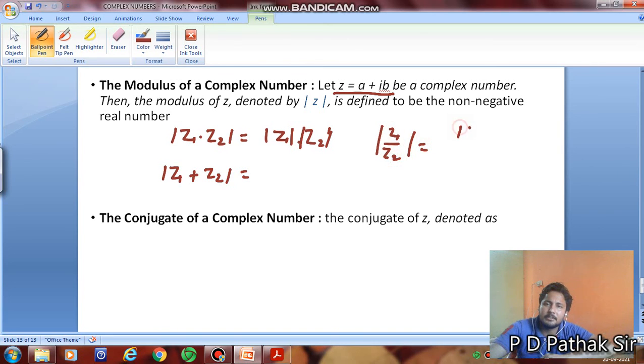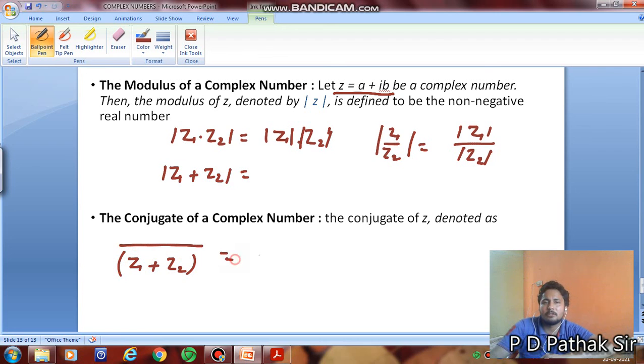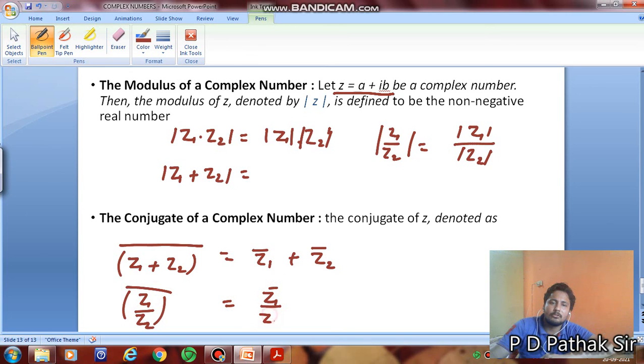The conjugate of z1 + z2 equals conjugate of z1 plus conjugate of z2. Similarly, the conjugate of z1 upon z2 equals conjugate of z1 upon conjugate of z2. So these things you also have to know.